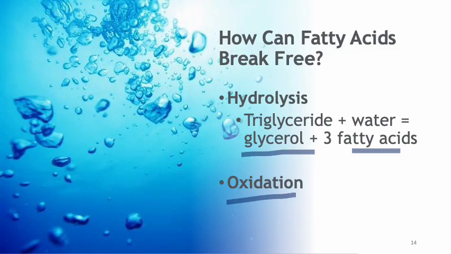If we look a little bit at oxidation, it is triggered, of course, by the presence of oxygen, also high temperature and light. We want to protect our fats from these reactions.